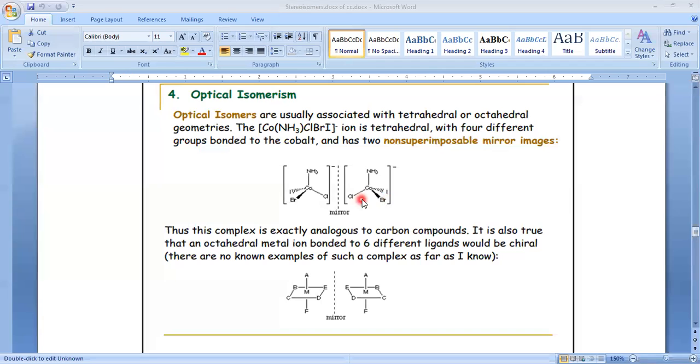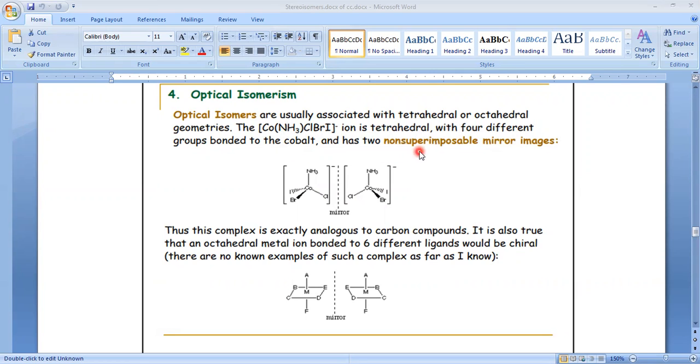So that is one optical isomer. Here we have the example Co(NH3)ClBrI, with four different monodentate ligands. Generally we can represent this molecule as MABCD. It is a tetrahedral molecule with four different groups bonded to the cobalt.